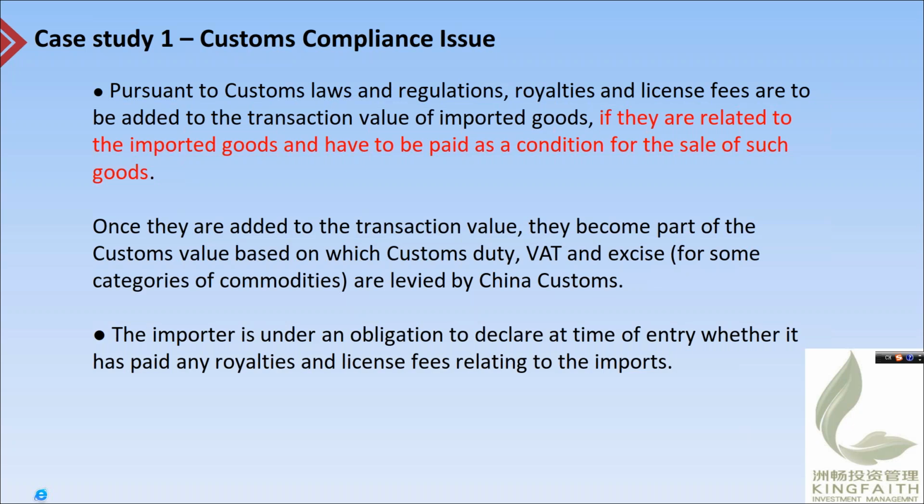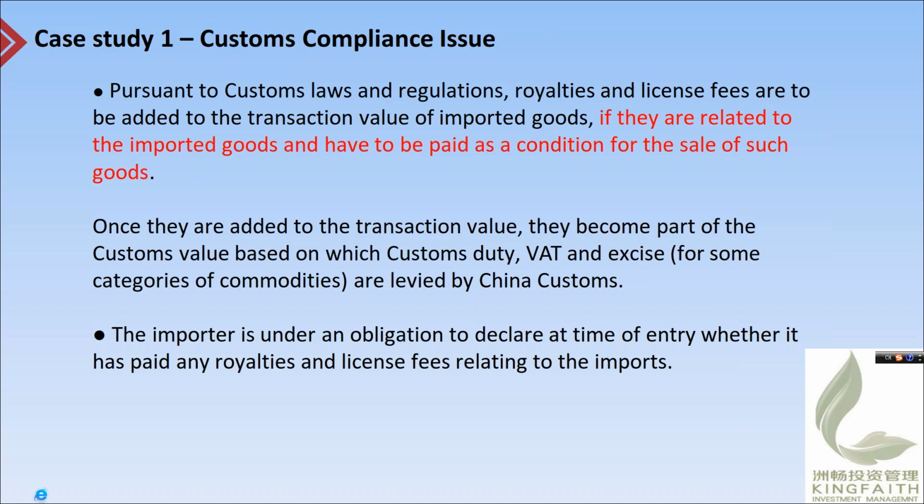So still, we are talking with the customs, and we try to convince them that the provisions in the customs law can be explained and understood in another way, different from what they believed.